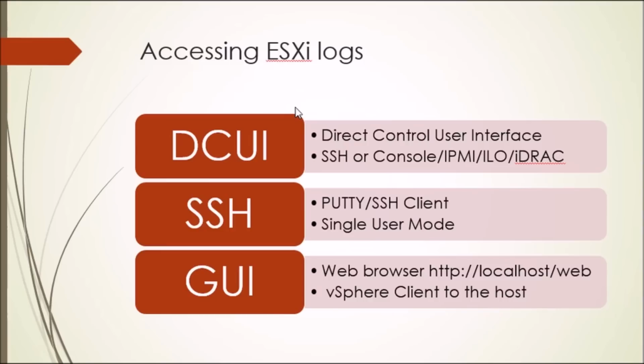We've talked about the two locations where the log files are, in case you need to check the logs on the fly. We've also spoken about the methods in which you can get to those logs: the DCUI options, SSH, and the GUI options. That brings us to a close of the log slides that we have on ESX.